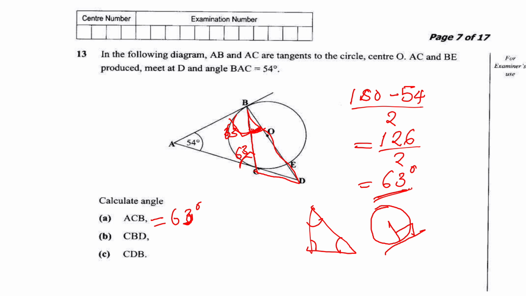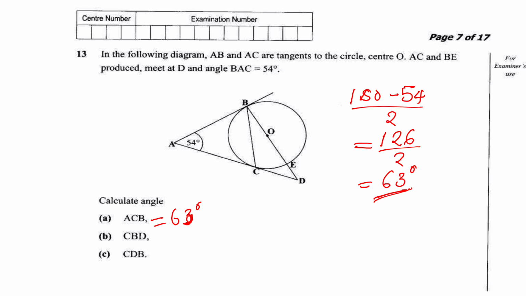So to find this angle, we do the subtraction from 90. Therefore we say 90 minus 63, and it will give us 27, as we subtract. So you have 27 as a value.